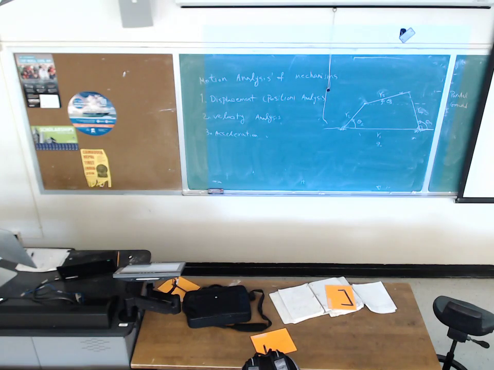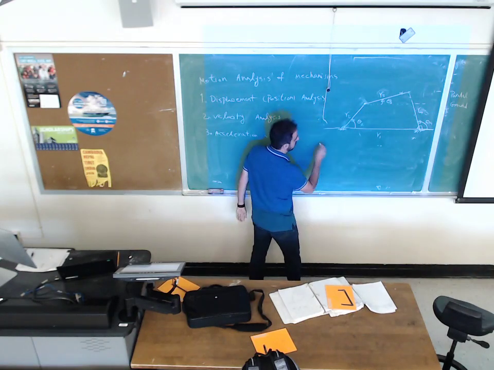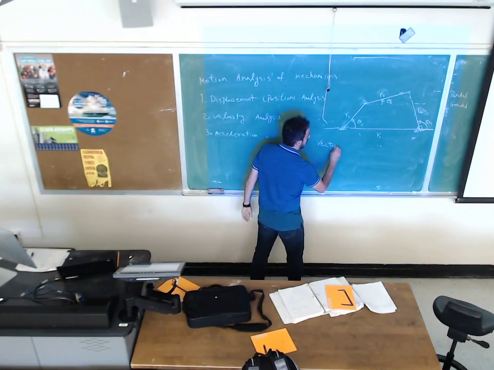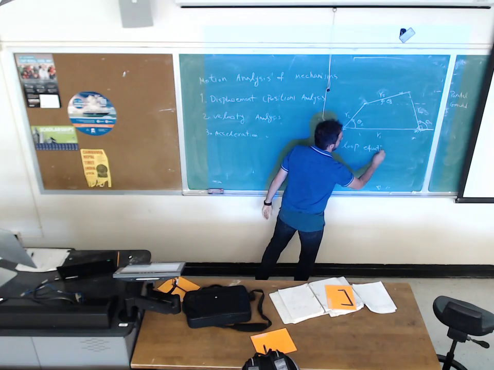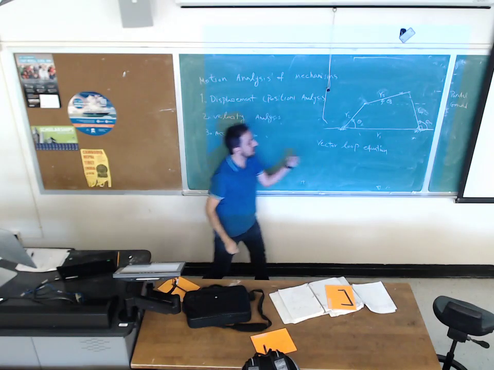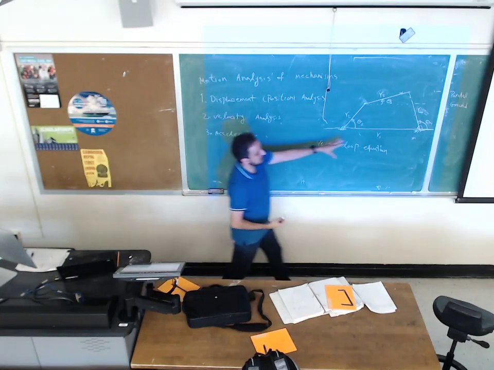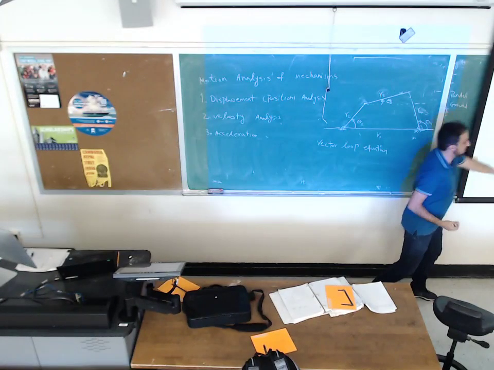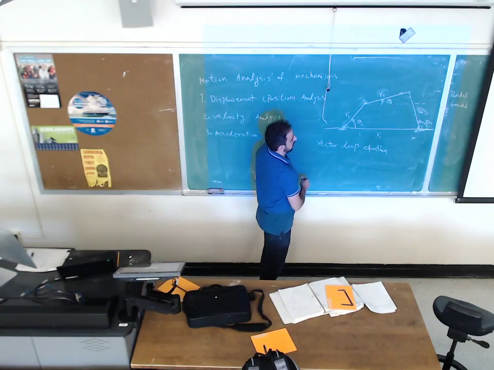In analytical, it's based on the vector loop equation. We set up the vector loop equation, solve the system of vector loop equations, and derive the information that we desire.